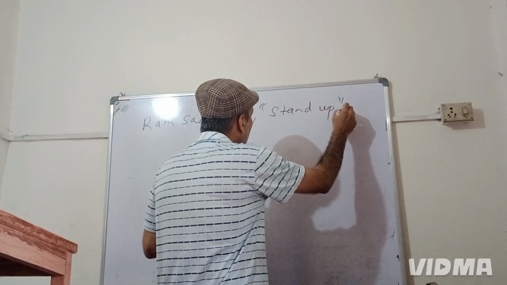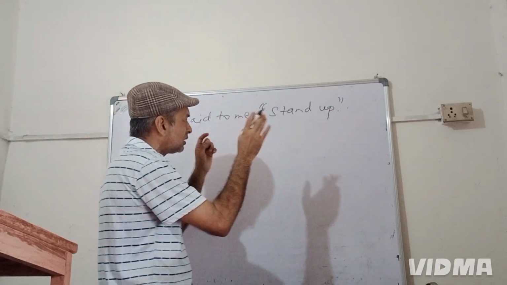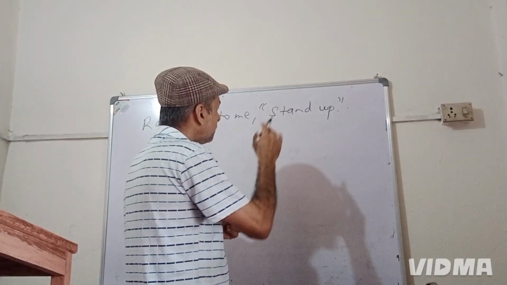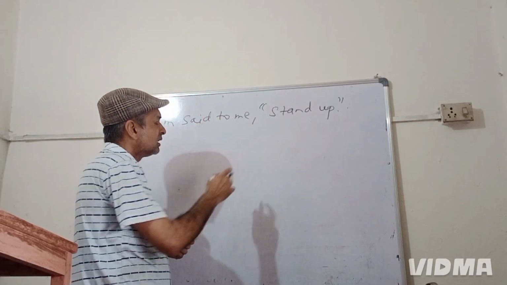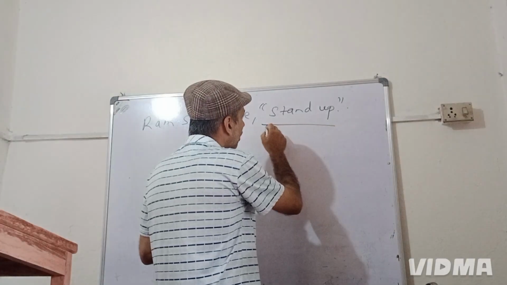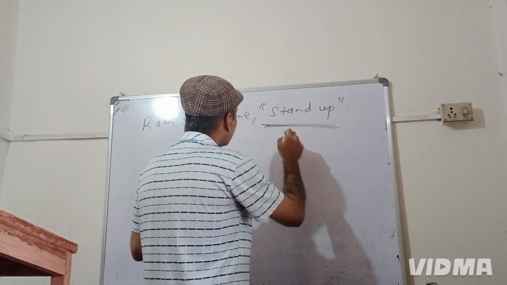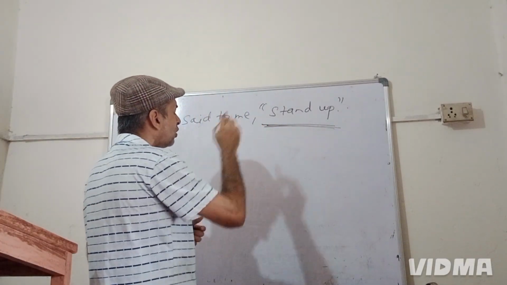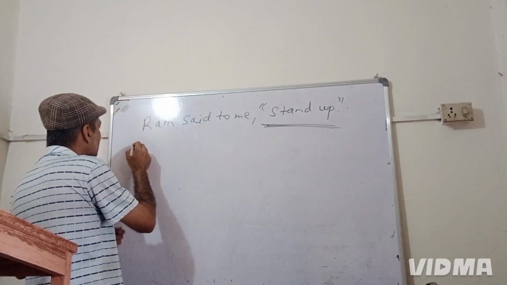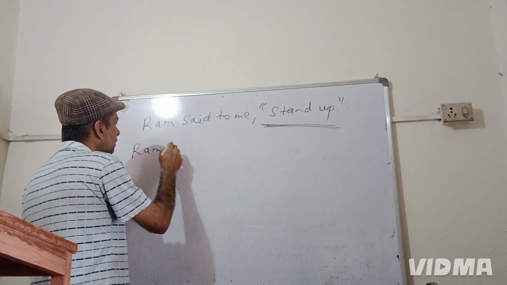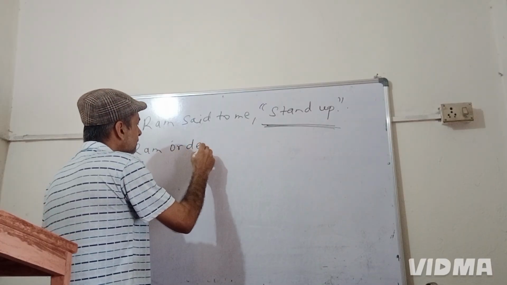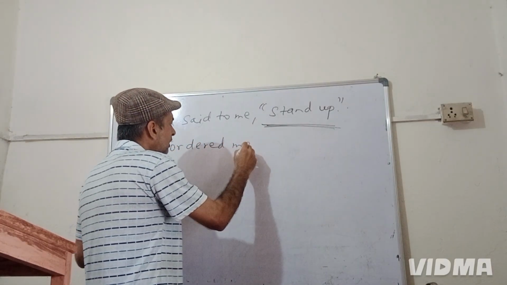So in the case of imperative sentences, we have to use that. Ram ordered me to stand up. And suppose if there is a request, Ram said to me, please give me pen.